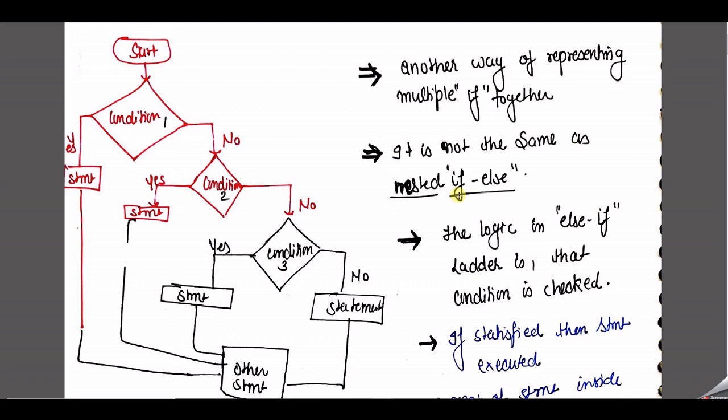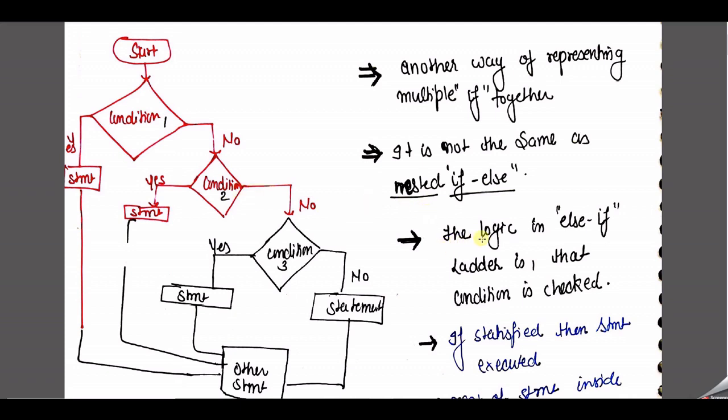We will see this topic in the next slides, but first we just need to know that the nested if else concept is different from the else if ladder concept. Don't mix both topics as the same, because both have different meanings and different roles in the programming language.